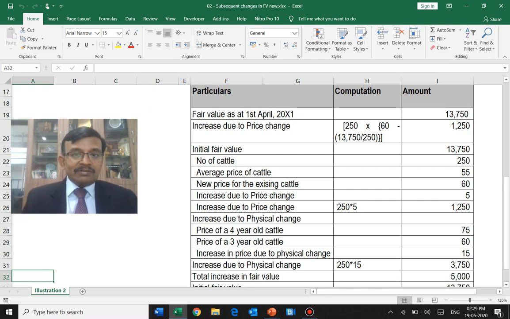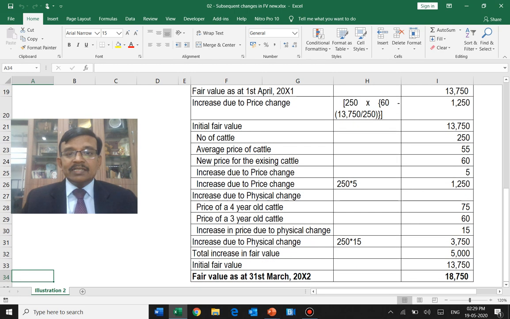So I have to calculate what is the change in the price and what is the change in physical biological transformation. So initial fair value is 13,750 divided by number of cattle. I have 55 is the average price per cattle or average fair value per cattle. New price for the existing cattle or the new fair value for the existing cattle is 60 rupees.